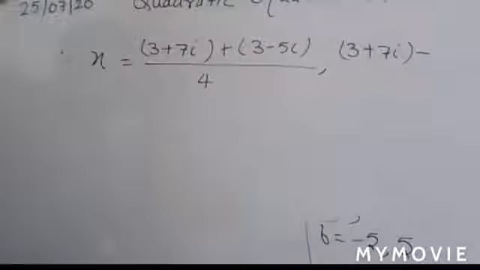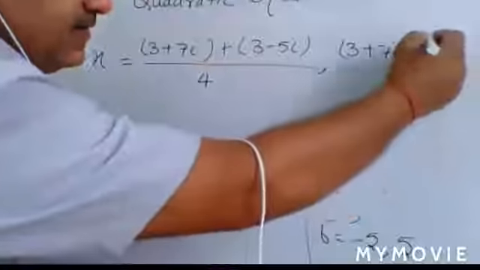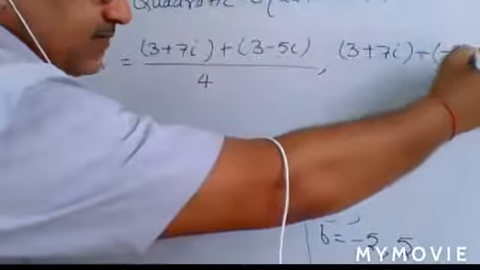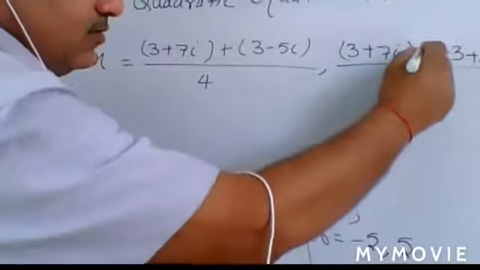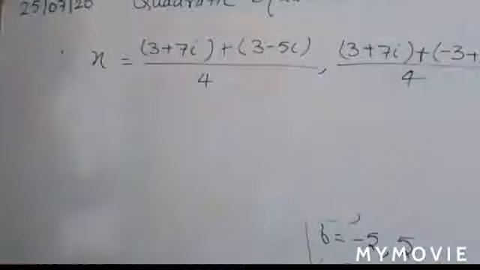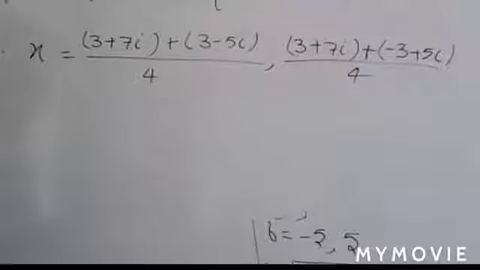So you write it in this way, plus minus 3 times of i, whole divided by 4. So you solve that equation and you will have the value of x and y.